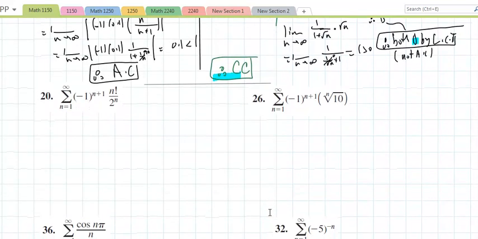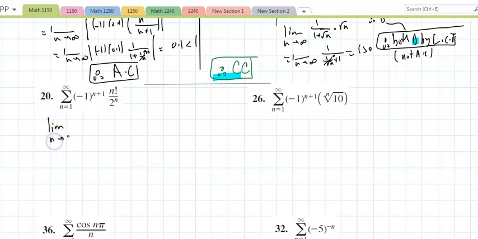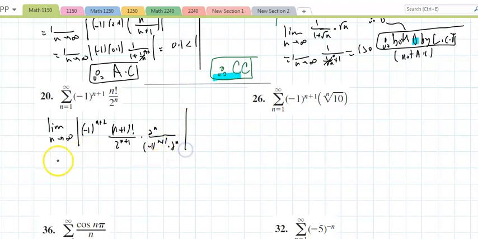Looking at number 20, I notice there's a factorial and an exponential. I don't have to worry about conditional because I know that the ratio test will do the trick. Negative 1 to the n plus 1 times negative 1 times n plus 1.